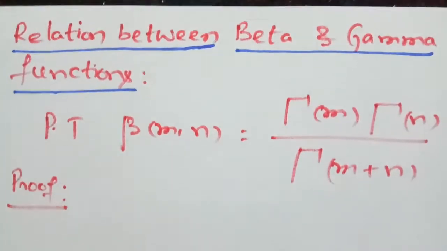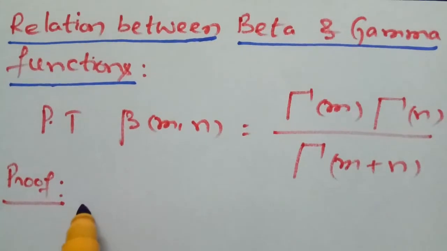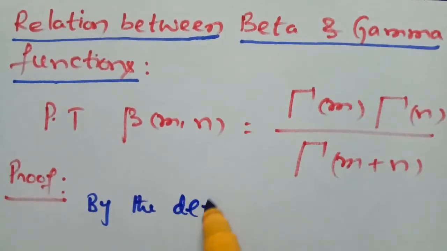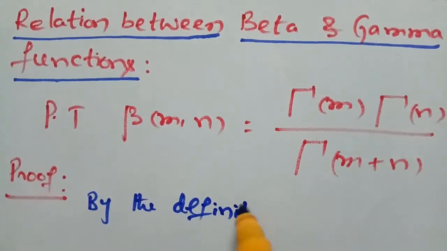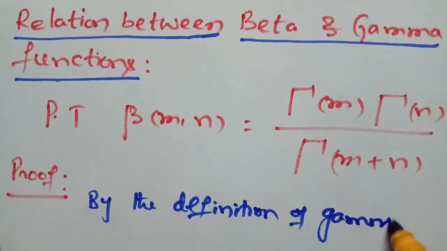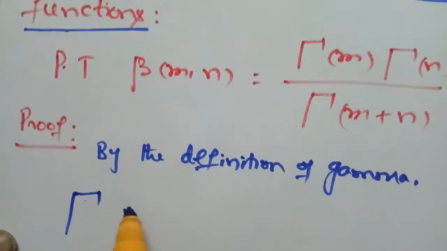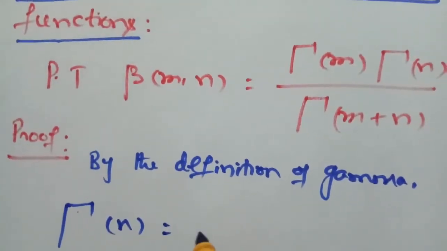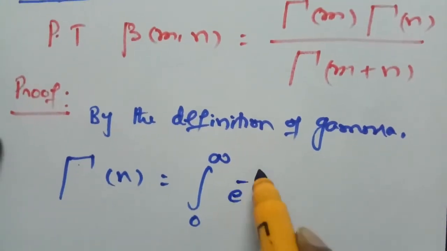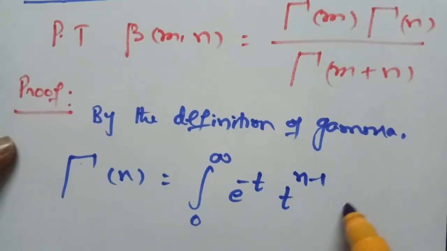By the definition of a gamma function, we have gamma n is equal to integral 0 to infinity e to the power of minus t into t to the power of n minus 1 dt.